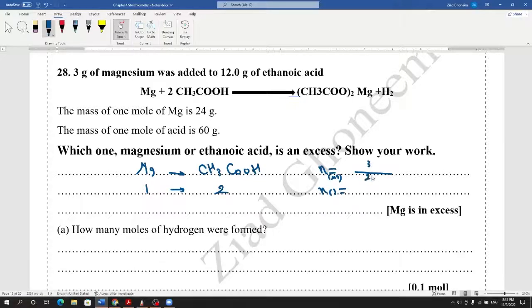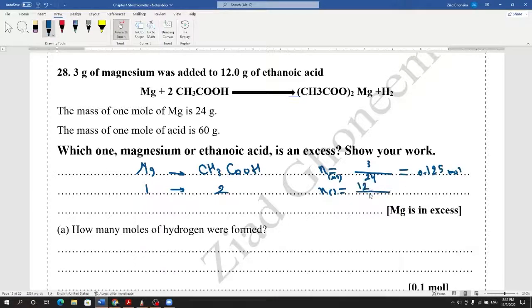The number of moles for magnesium will be equal to the mass divided by 24, which is the relative atomic mass for magnesium, which will be equal to 0.125 mole.